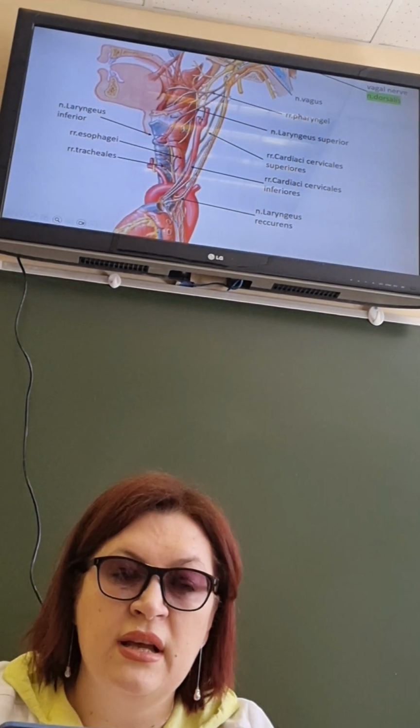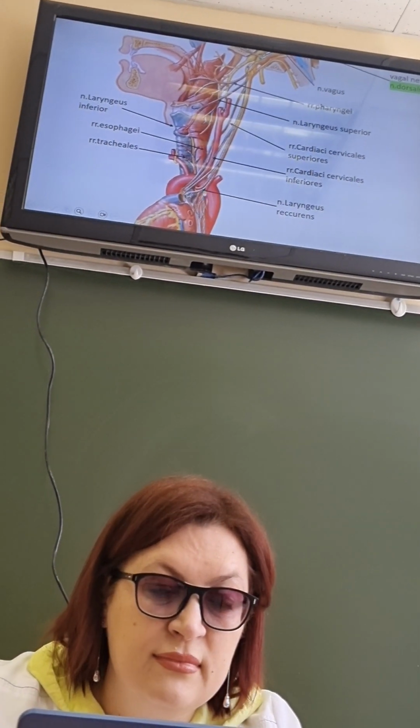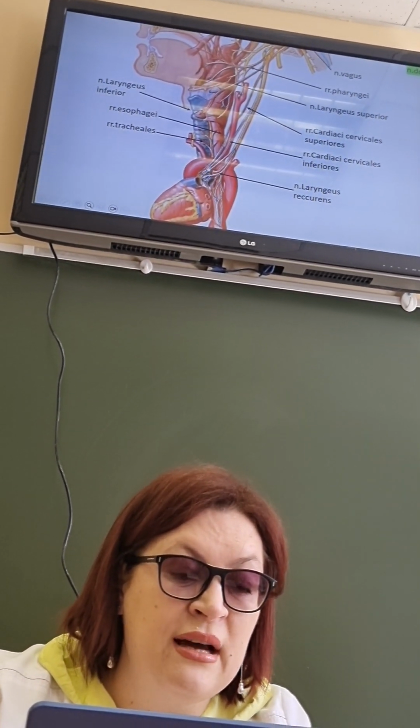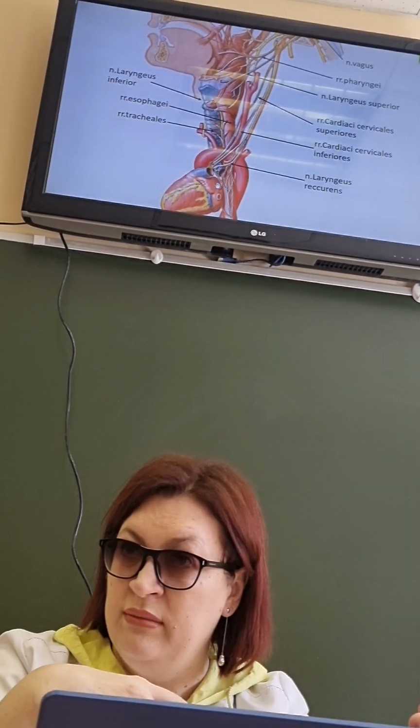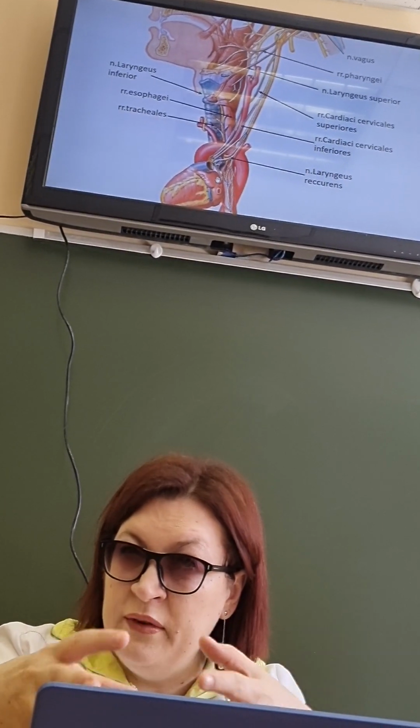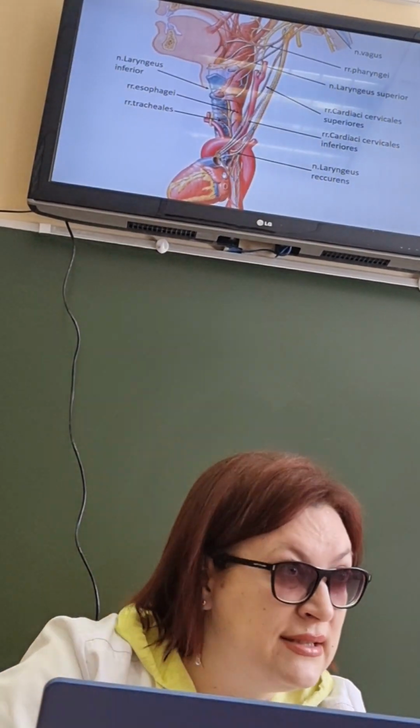The third group of branches passes through the superior thoracic aperture and forms the extra-organ and intra-organ plexuses of the heart, deep and superficial, together with sympathetic and sensory.